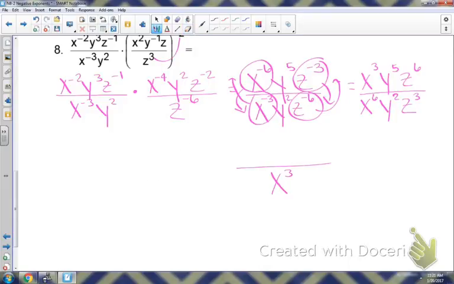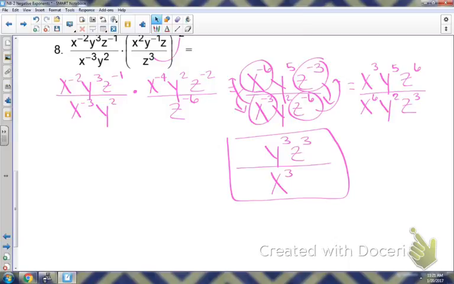Okay, so then the y's, 5 minus 2, we get 3, so that's going to be good to put on top. And then z, 6 minus 3, we get 3. So that will also go on top. So there's your final answer. So this is using all of your laws of exponents to simplify your expressions.